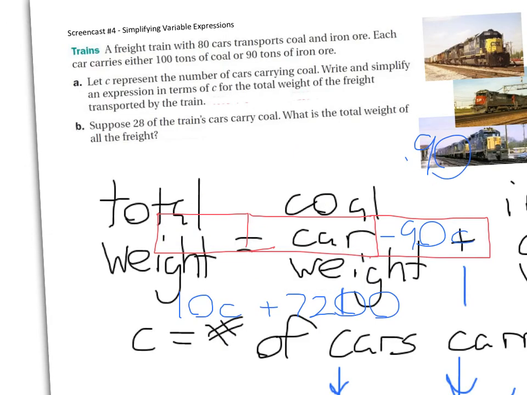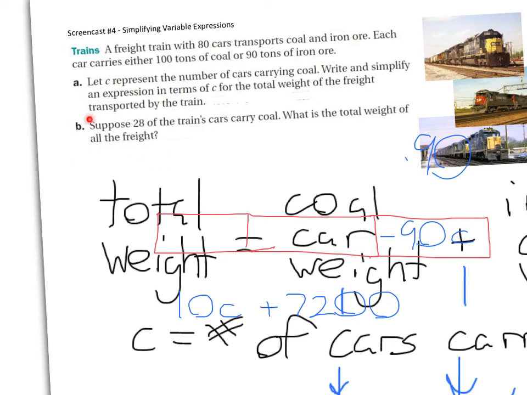Part B, as you can see, says, suppose 28 of the train's cars carry coal. What is the total weight of all the freight? Well, in part A, we just represented the total weight of the freight with an expression. So we're going to use that expression, the simplified version, because it's going to make it easier for us.